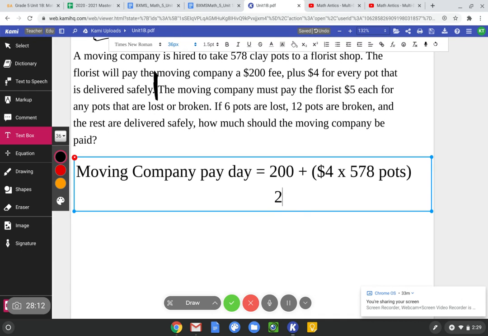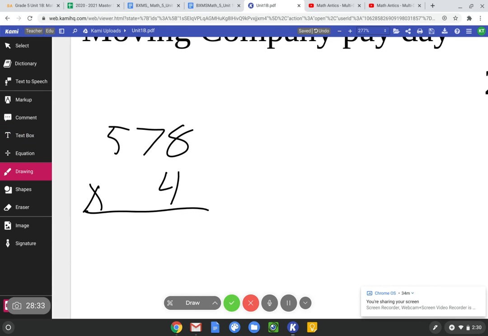200 plus 4 times 578. Let's do that math. And you know I'm going to be using the standard algorithm because we need our practice.